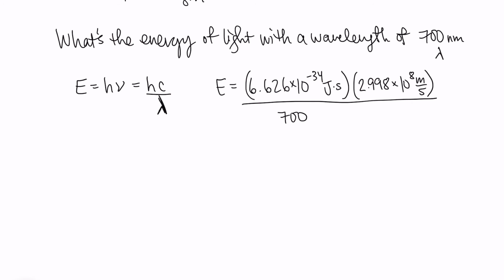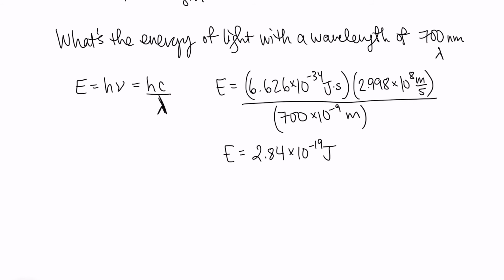I just say 700 times 10 to the minus 9th meters. It's not proper scientific notation. If we wanted to do that, we'd do 7 times 10 to the minus 7th. But it's easy to remember. You just multiply by 10 to the minus 9th. So we've got all of our values here, and we can calculate, and I get 2.84 times 10 to the minus 19th joules.